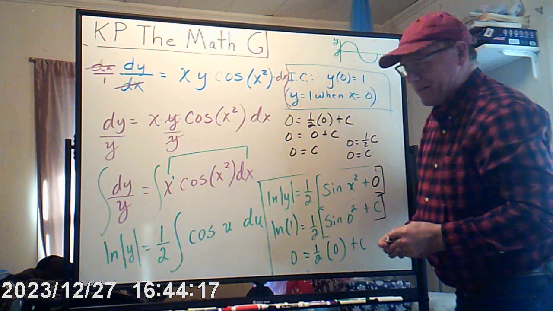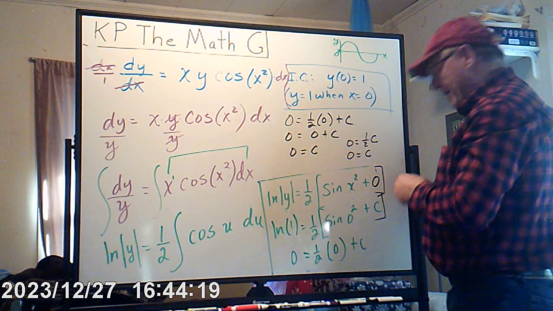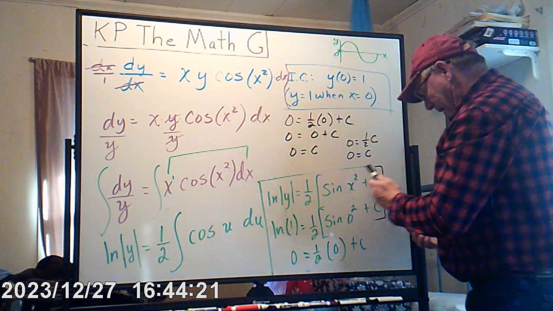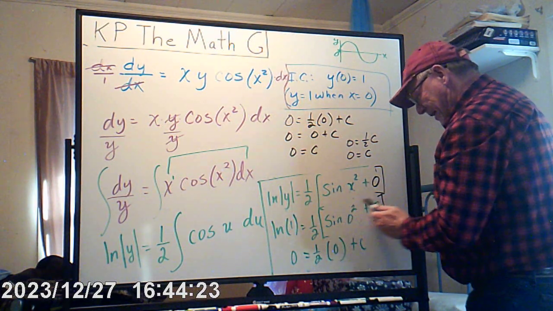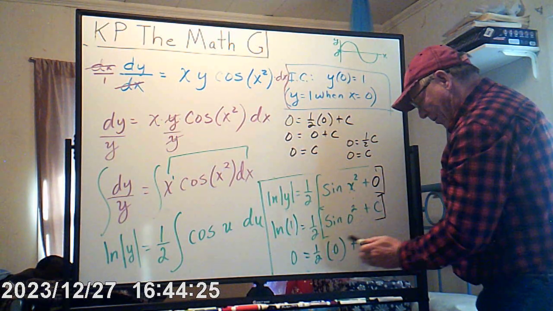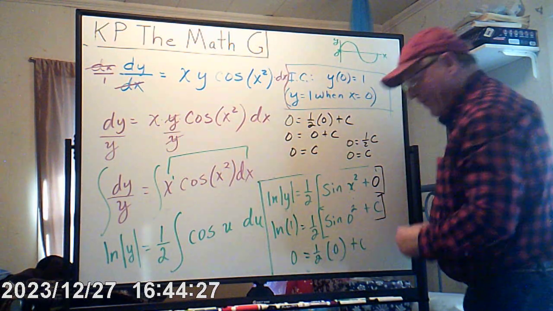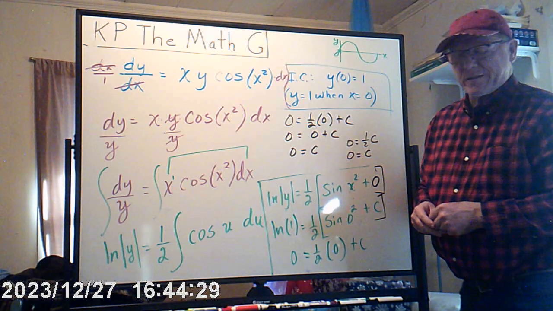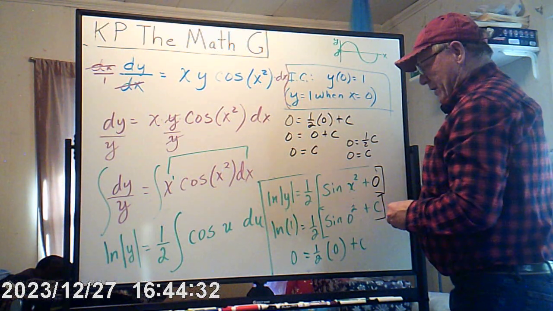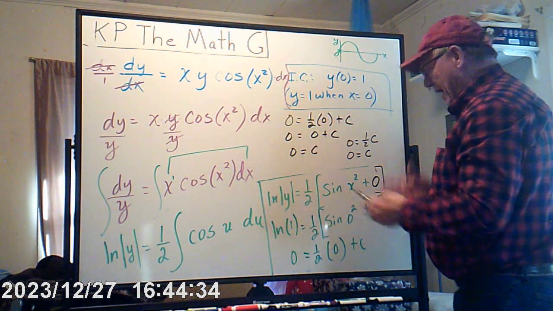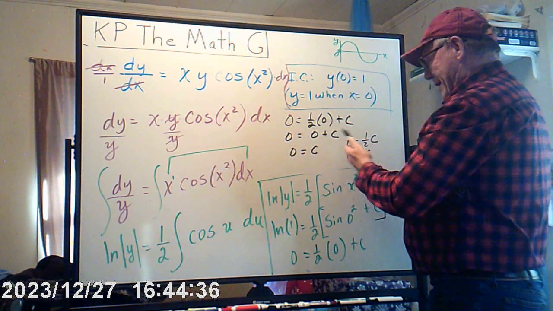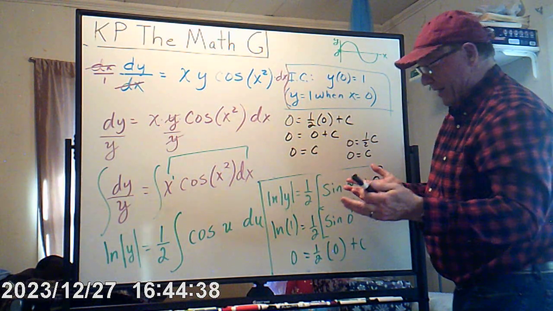Either way, it's 0. So it didn't matter if you had the c included in the parentheses with the 1/2 on the outside, or just left it out here. I think either way it's going to be all right. Well, we did all this work just to get 0 sometimes, and sometimes that happens.